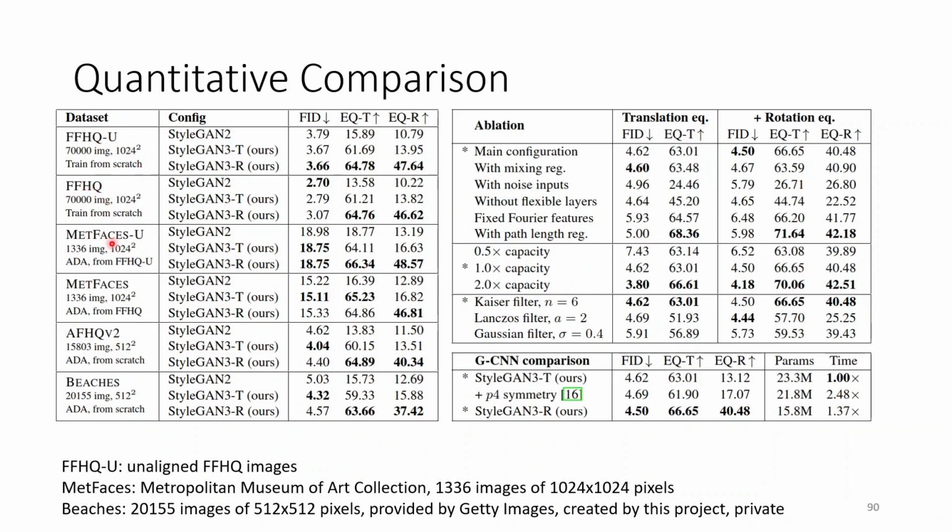And MetFaces is the Metropolitan Museum of Art collection. All of them are paintings. U also means unaligned. AFHQv2: AFHQ is the Animal Faces High Quality dataset, and this is a new version. And Beaches is a lot of beaches. No, there are no human faces there.